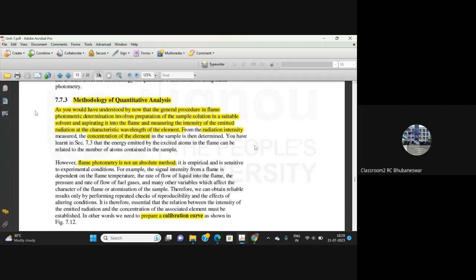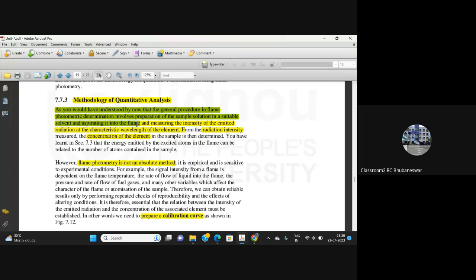So by this time you have an idea that the general procedure in flame photometric determination involves preparation of the sample solution in a suitable solvent. You are making the sample solution first, then only spraying into the nebulizer, and aspirating it into the flame.